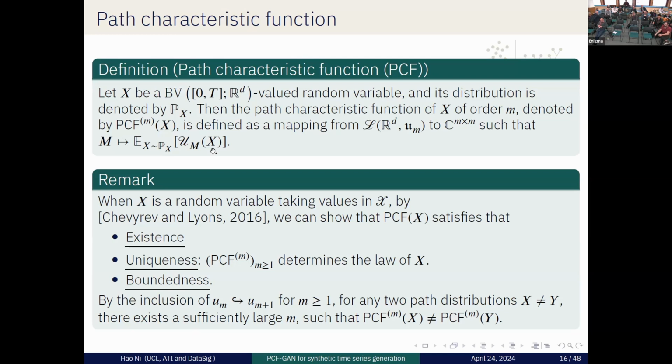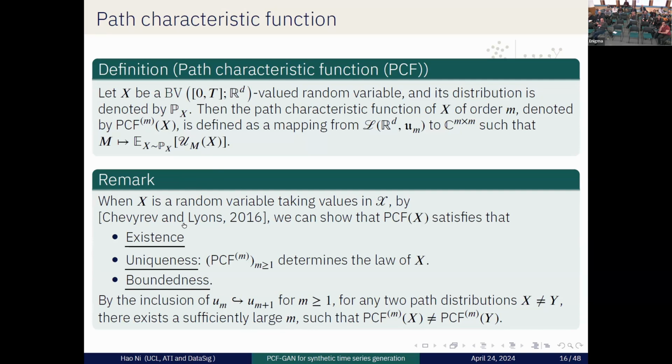Let's consider X to be a random variable taking values in bounded variation paths. Then the path characteristic function of order m is defined as the map from the linear map to the expectation of the unitary feature of X, where this expectation is taken under the measure of X. It is not difficult to show that this PCF of X exists and is unique.